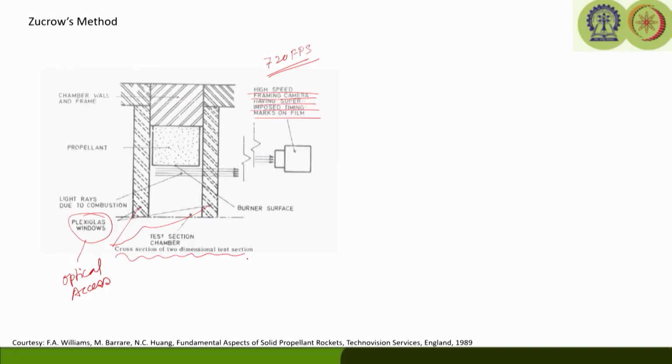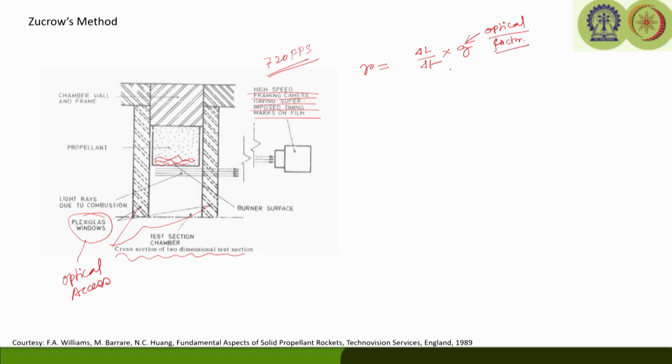If you look at the Jacques method, the burning rate is determined by how much distance it has burned, let us say some distance delta L by delta T. So, how the distance is regressing over time, we can measure it with maybe some optical factor, because it is filmed through the high speed camera.